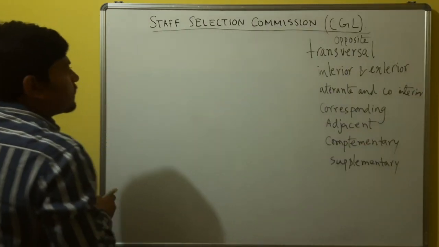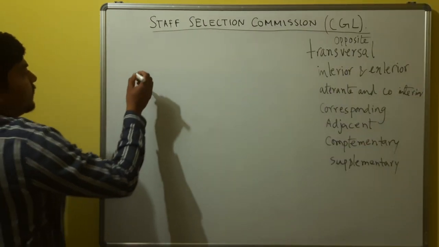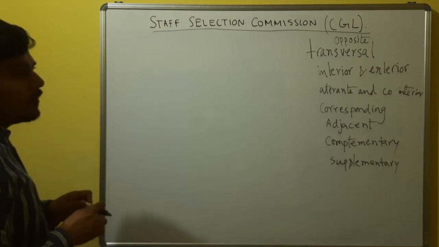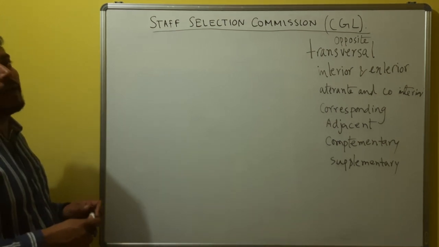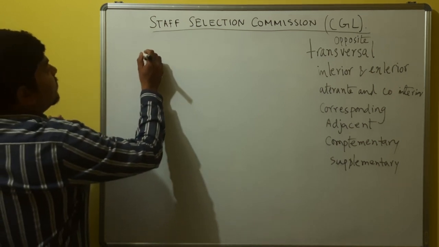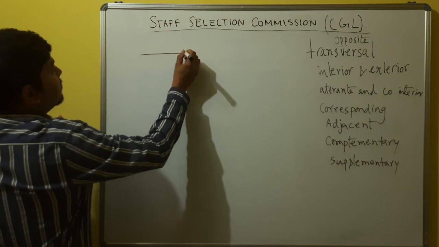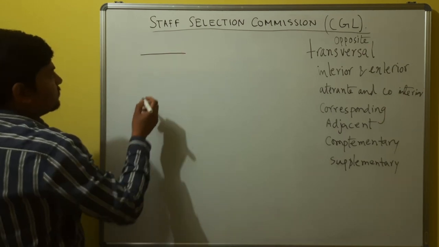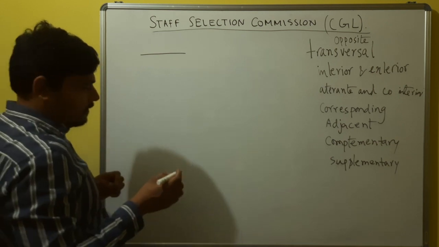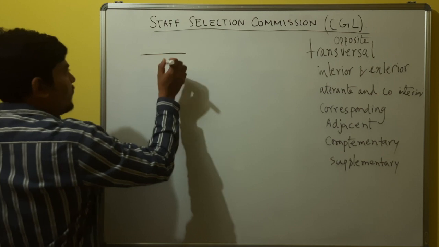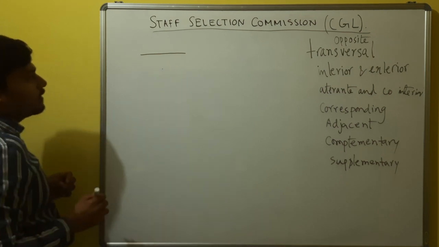Now, another important concept is when two lines are parallel. Let's say I have one line, and there could be another point which is not on this line.